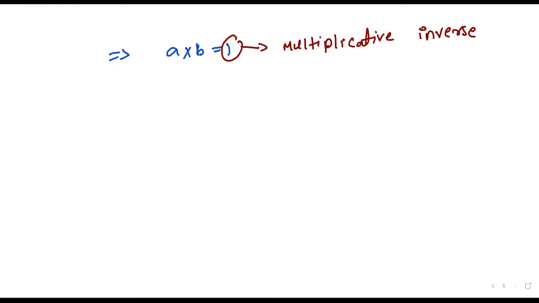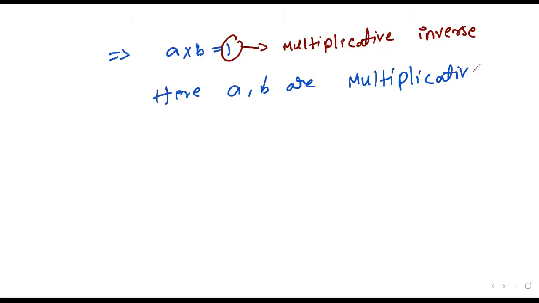Okay, right? So here A comma B are multiplicative inverse to each other. Yes, Nana. So here A comma B are multiplicative inverse to each other.